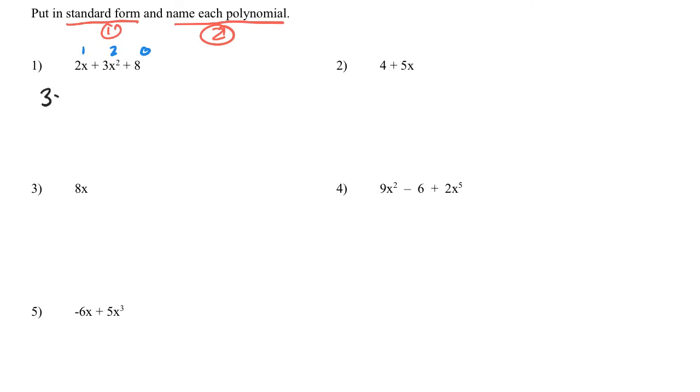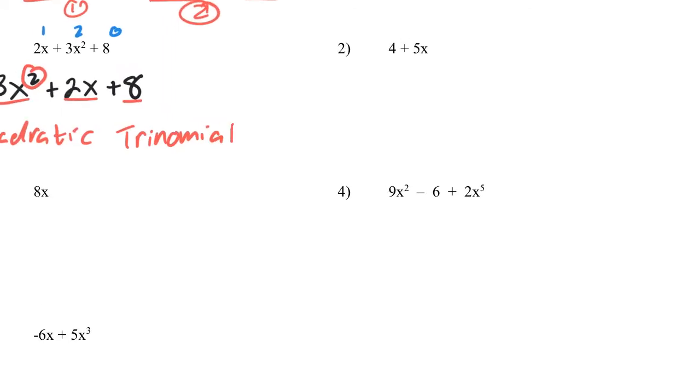So we have a 3x squared plus, because that's a positive, 2x plus 8. So now it's in standard form and I can name it. This is a second degree, which we call a quadratic. And we have 1, 2, 3 terms, so it's a trinomial, like a tricycle, 3 wheels.